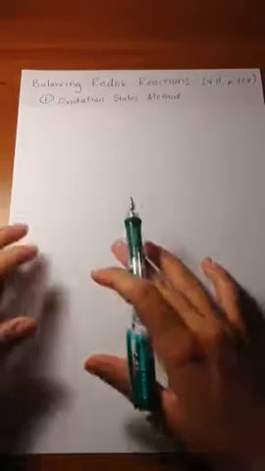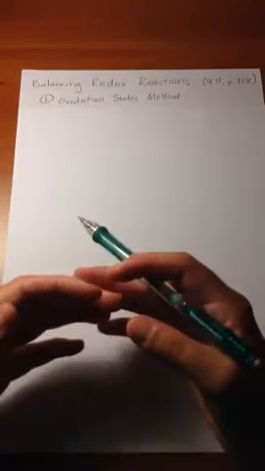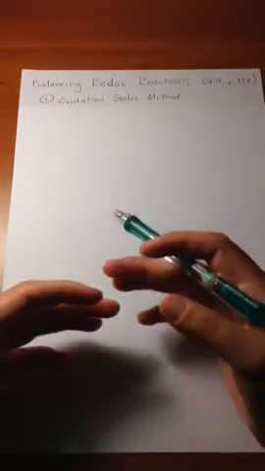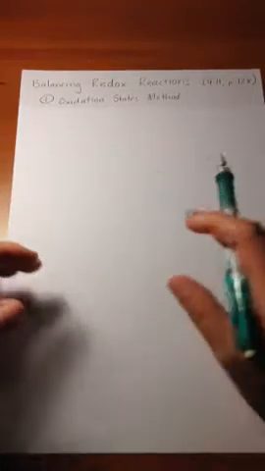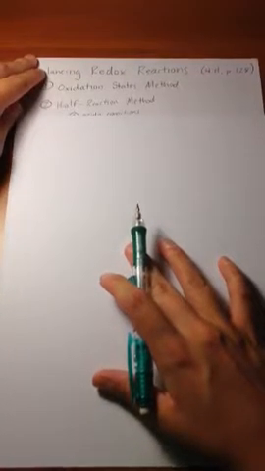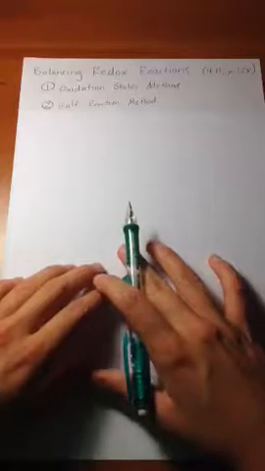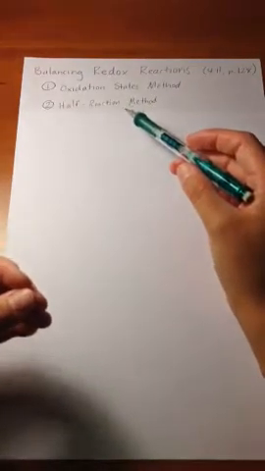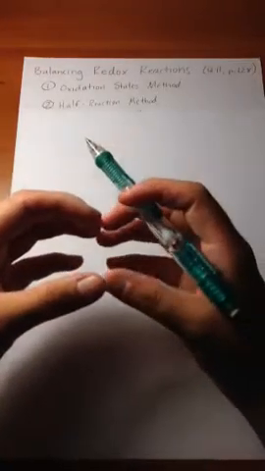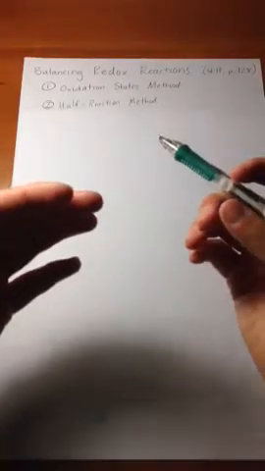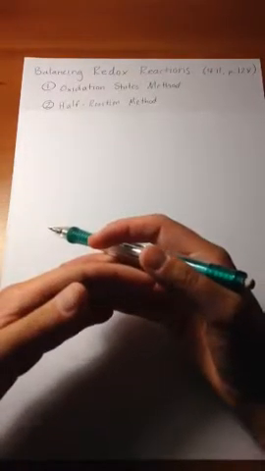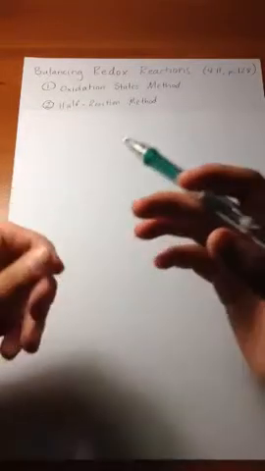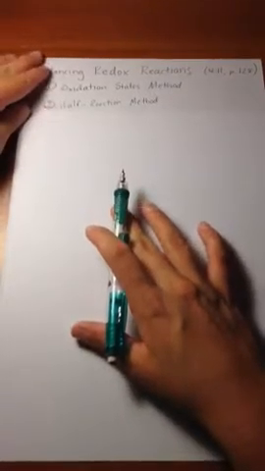Okay, so basically when it comes down to balancing redox reactions, that's reduction-oxidation, there are two main methods that you can use. There's the oxidation states method, and then there's the half reaction method, where you take the whole big equation and break it into two tinier half reactions, one for oxidation and one for reduction.